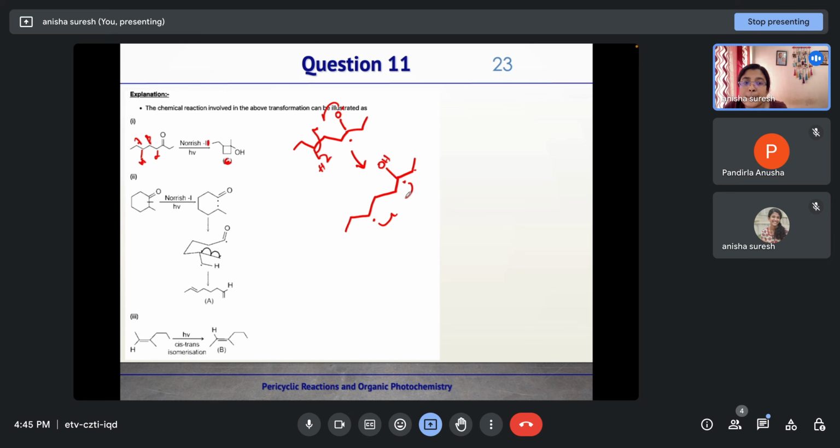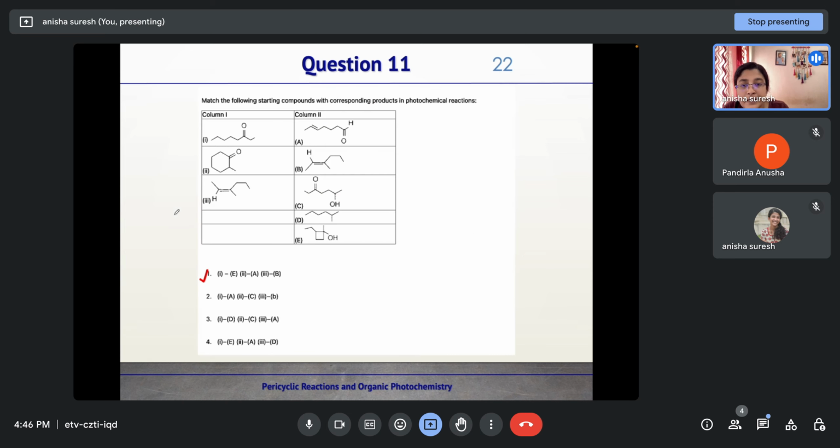This will recombine, leading to the formation of a four-membered ring, and this will be adjacent. Okay. So this will be a Norrish type 2 reaction.